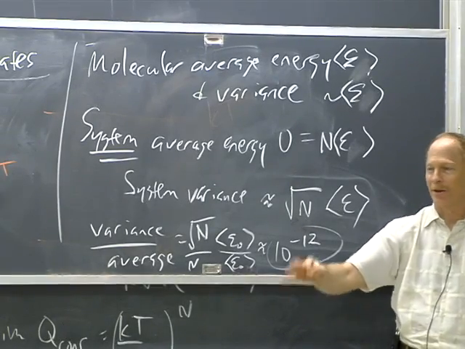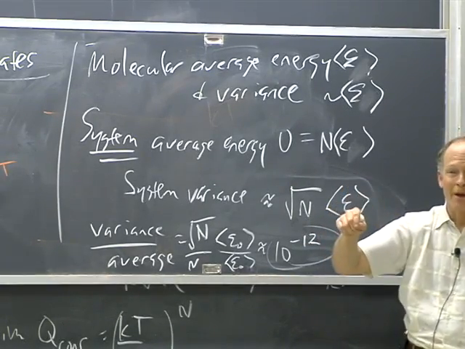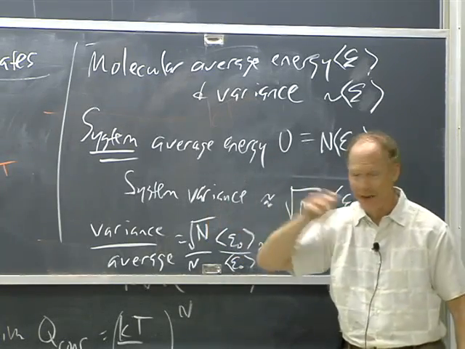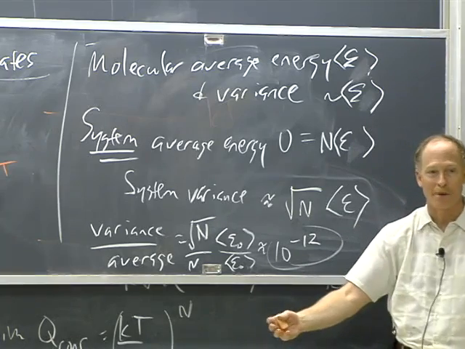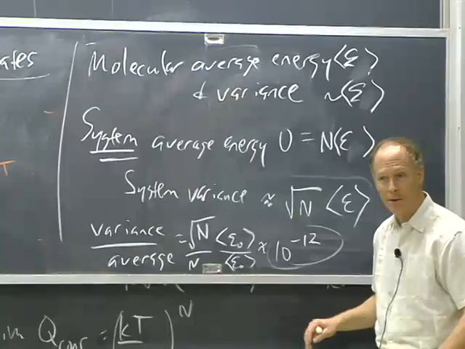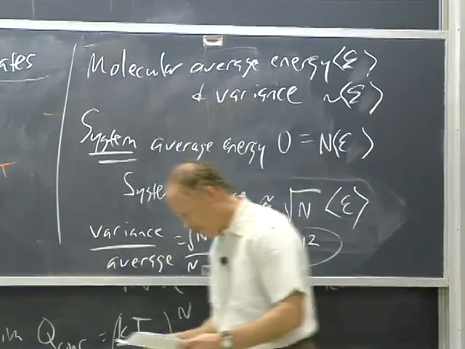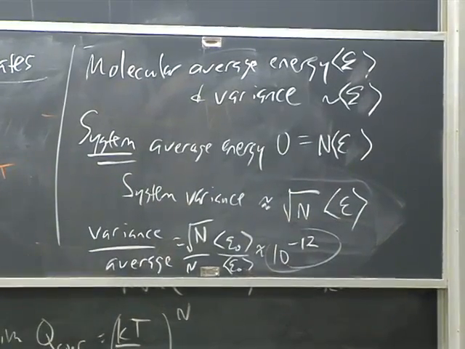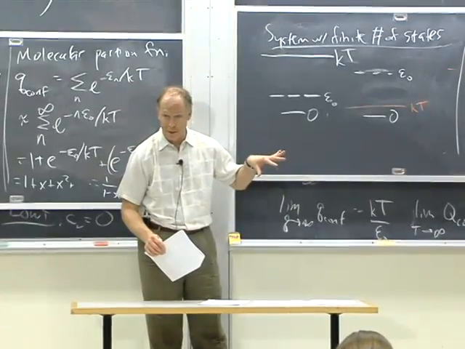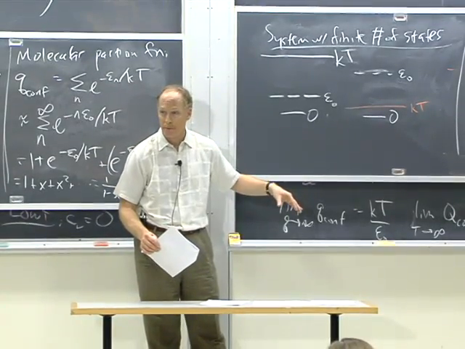You calculate the average of E squared, and then subtract the average of E, the quantity squared. Take the square root, that's your root mean square. And that's what leads to this result. So it's pretty straightforward to calculate it also. All right, any questions about just the extent of variation of the individual molecule energies or the system energies?